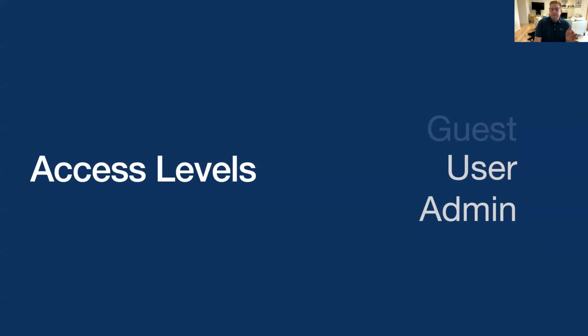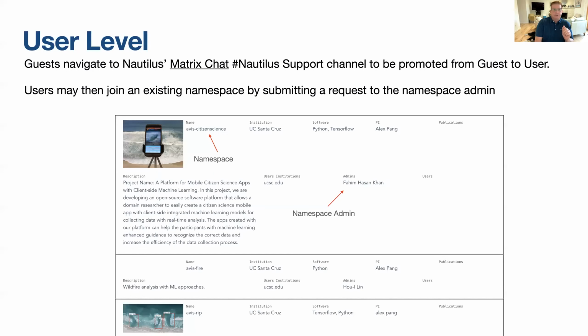So once you have your user account as guest, you have your credentials as guest, and you've got your configuration loaded, then you can go to the next level and become a user. Guests can navigate to the Matrix chat in the Nautilus support channel and say, hey, I am Jeffrey Weekley. I'm at UC Santa Cruz, and I'm going to do research in machine learning.